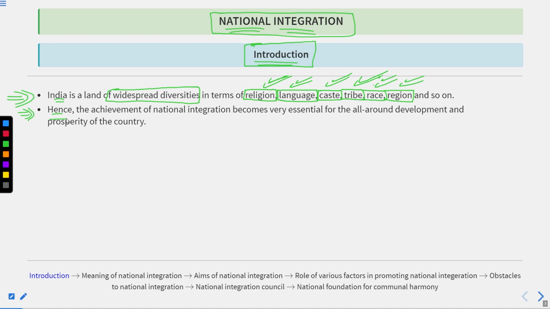Because each of us, irrespective of the religion that we follow, irrespective of the language that we speak, irrespective of the caste that we are from, irrespective of the tribe that we belong to, race and region, we all are equally responsible for the development of this country, equally responsible to take this country further. Because overall, when the country goes high, automatically we will go high. Okay? That's why the achievement of national integration is very essential.